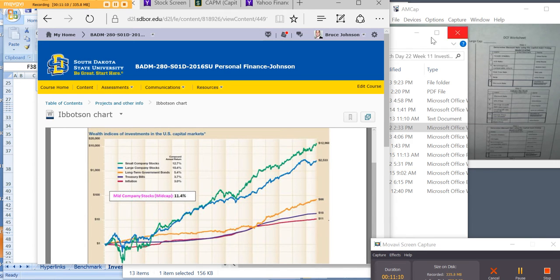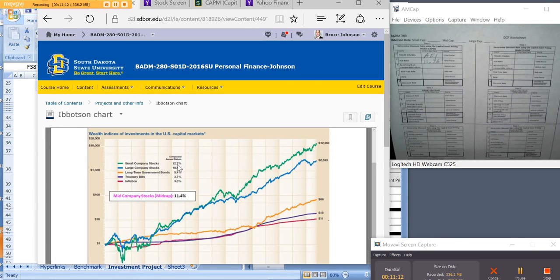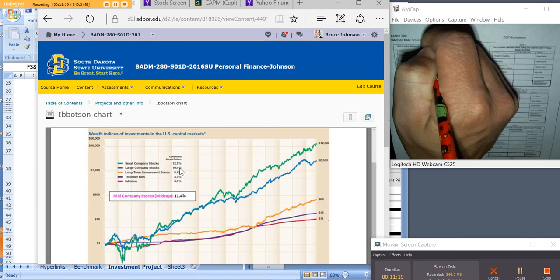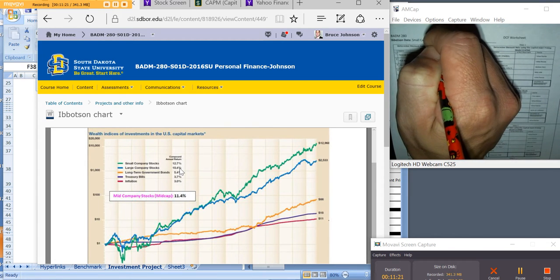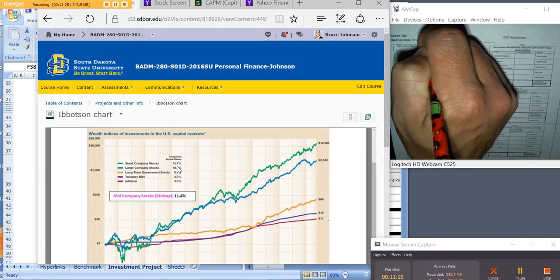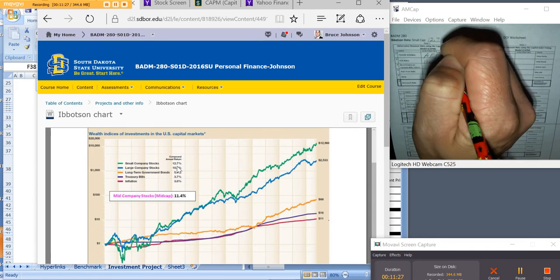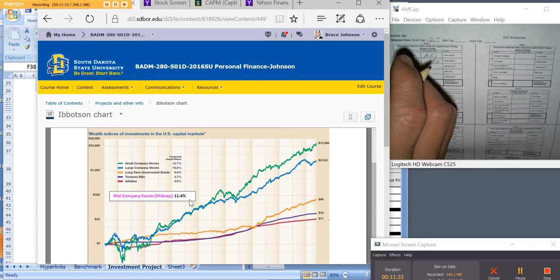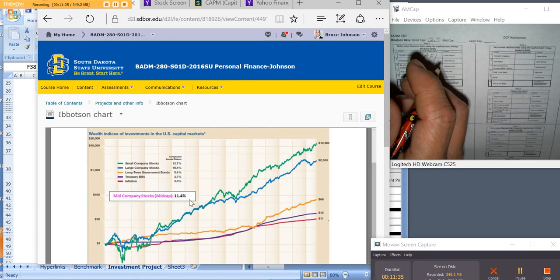So I'm going to start writing down this information, and I'm going to write it up here. So for small cap, I'm going to take this from the Ibbotson chart, and it says 12.7, okay, is a historical rate of return that small cap company stocks have earned. The next one, mid cap, that is about 11.4.